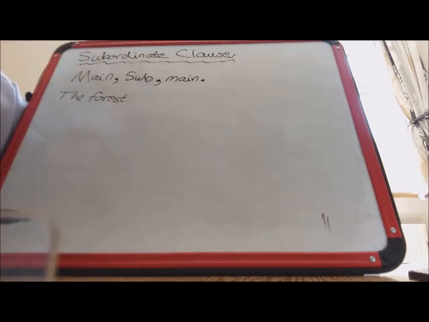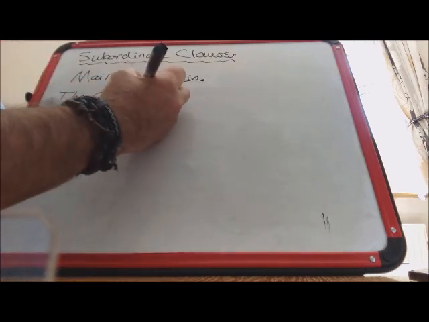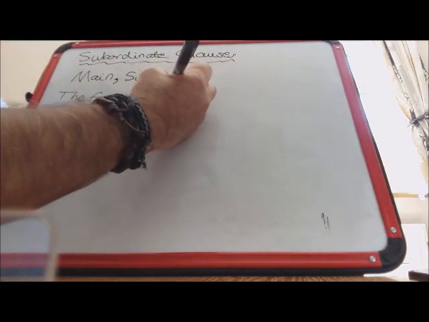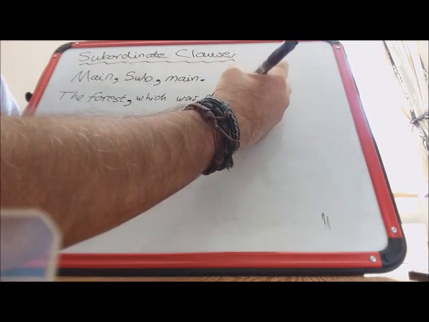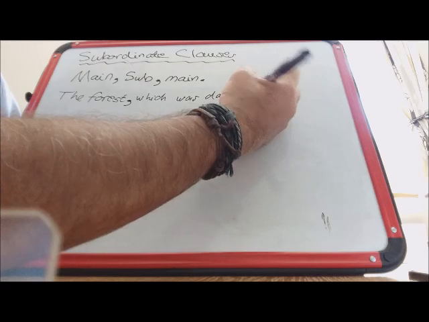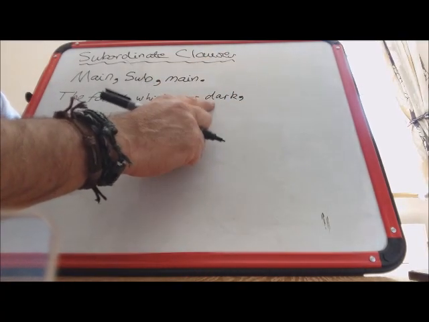So the forest has got lots of trees, it could be dark, it could be wet, it could be spooky if it's at night time, there could be lots of animals, there could be lots of strange sounds. Okay, so the forest, comma, which was, let's say it's dark, because then that suggests that things might be a bit scary. So the forest, which was dark, so that's the first thing we're saying.